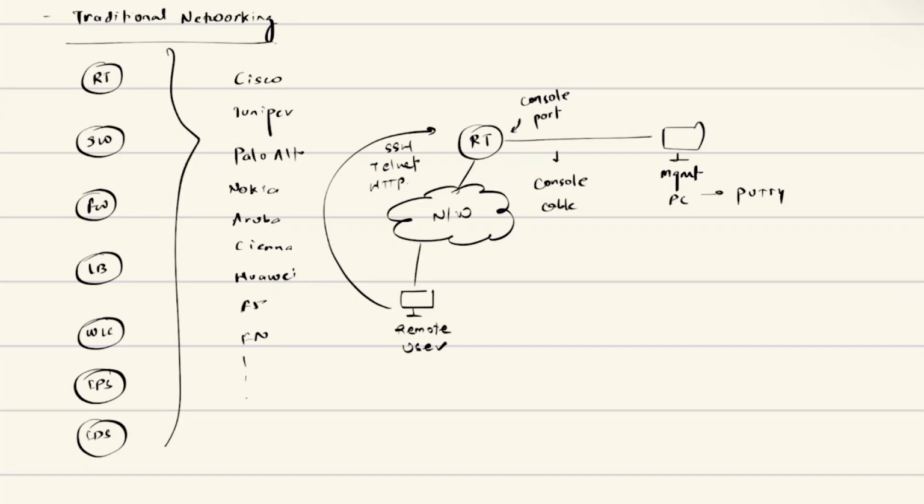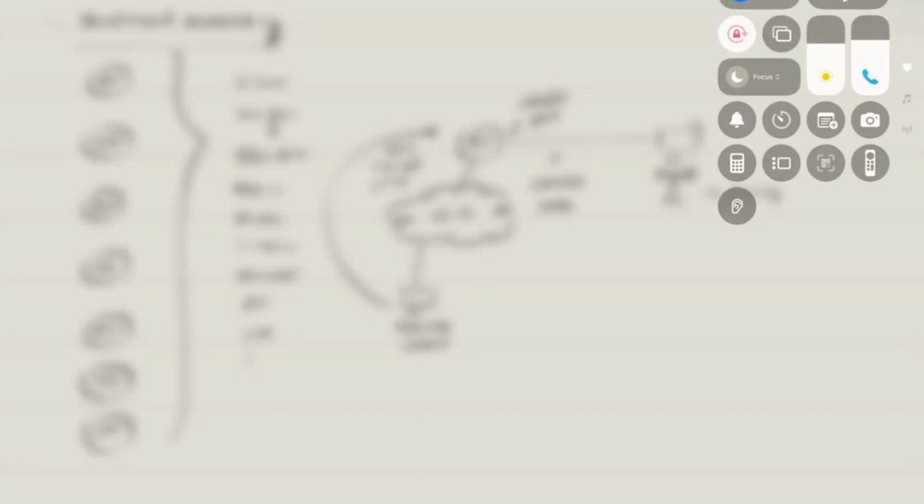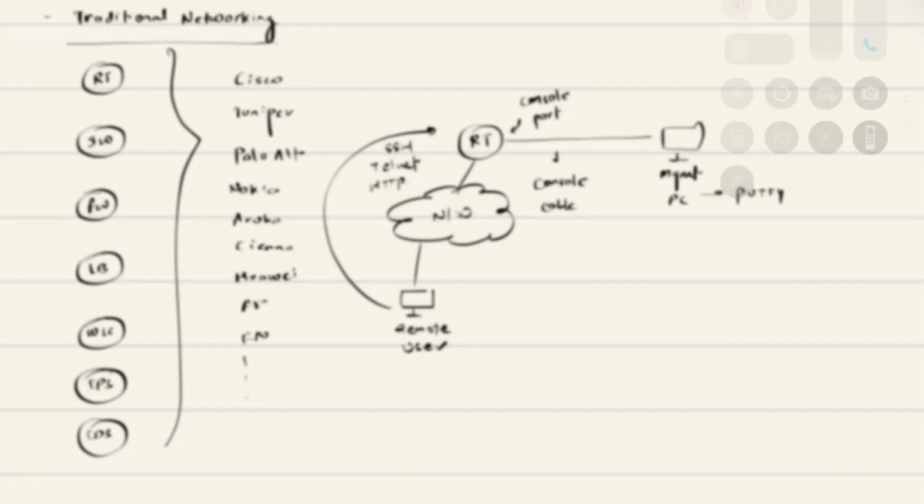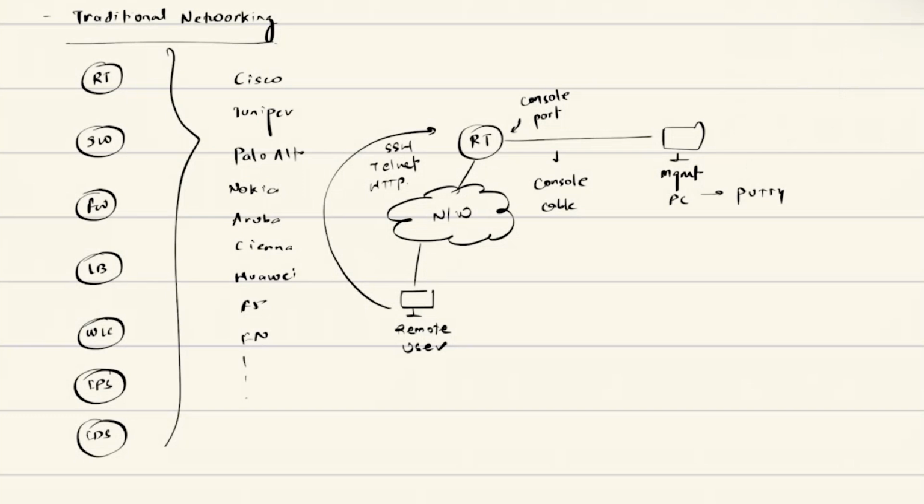Now, if I give you a little bit of backstory, earlier organizations would procure hardware from a specific vendor. They would go to Cisco and say procure all the devices from Cisco, and then they would hire network engineers who specialize in configuring Cisco's hardware, right? Then your hardware is deployed, your production is ready, and your network is working all fine.